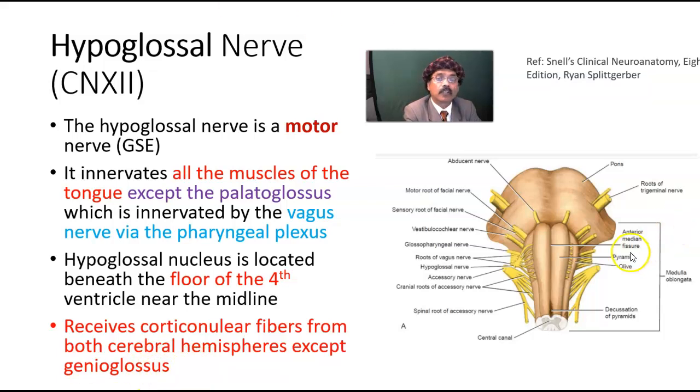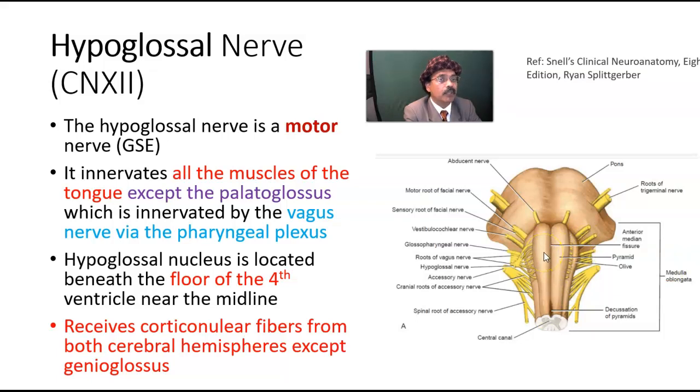So let's start from where we will get the hypoglossal nerve. These are the rootlets of the hypoglossal nerve. It comes out from the anterolateral fissure, the fissure or sulcus between the pyramid and the olive. This is the olive. It looks like an olive because it contains the inferior olivary nucleus.